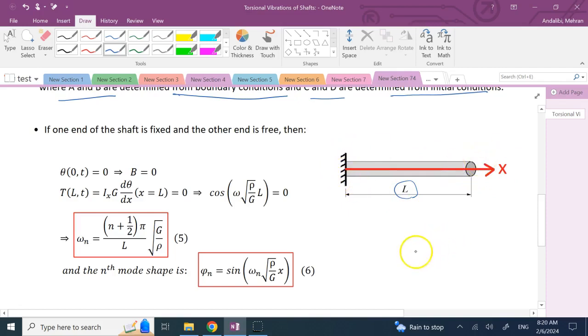For instance, like what? Like if you have a motor and a gearbox, right? So this is the shaft going into the gearbox. Something like that. And this load that you're spinning here, this is your load.